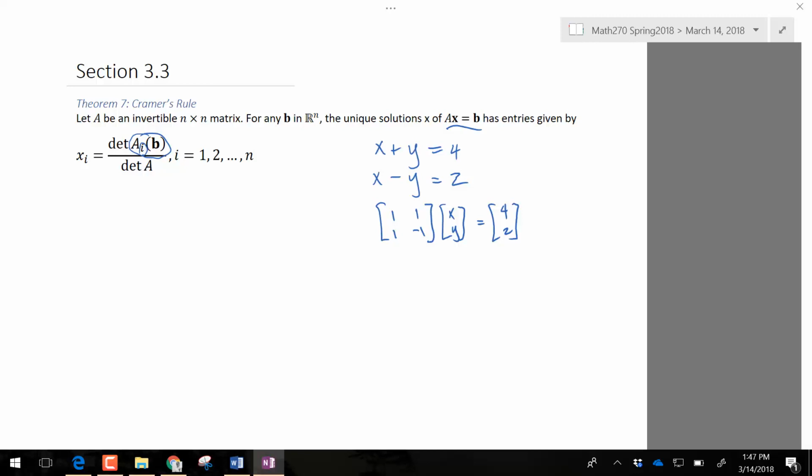So in this particular example, since it's a 2x2 matrix, we need to find the determinant of A1(b). So what is the matrix A1(b)? That's going to be this matrix.